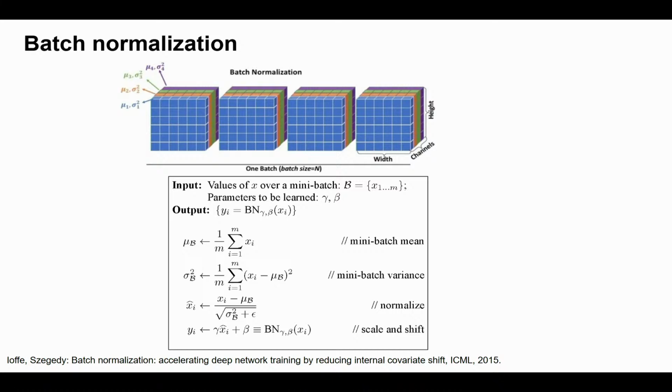With batch normalization, when you have a batch of, let's say here, 4 images, each image has some height, width, and channels. The channels are in different colors. What batch normalization does is compute the mean and standard deviation for each channel across all the images. So for all the blue values, I compute the mean and standard deviation, and use these 2 values to normalize the values in that channel.